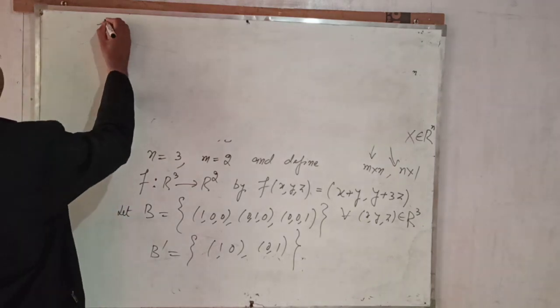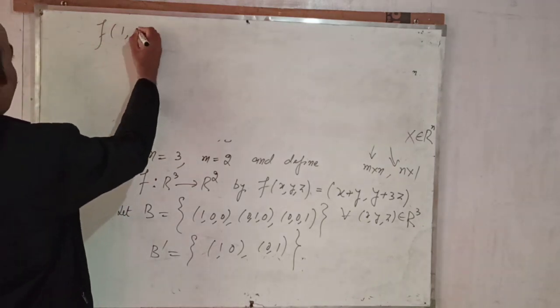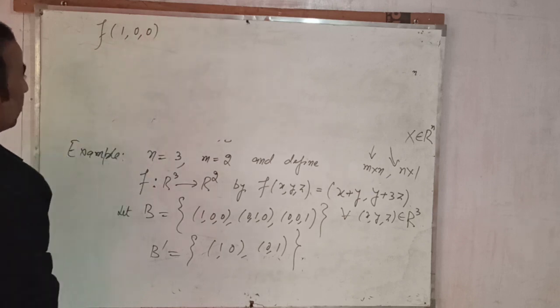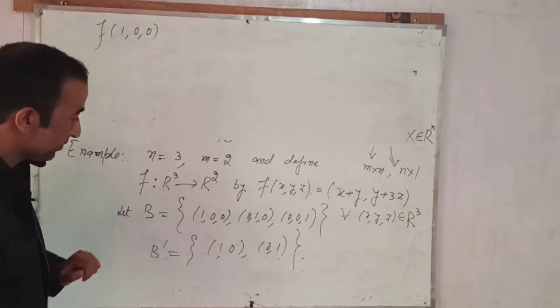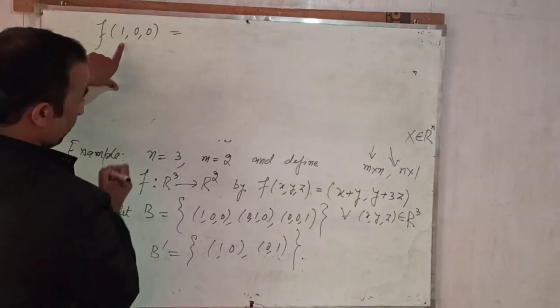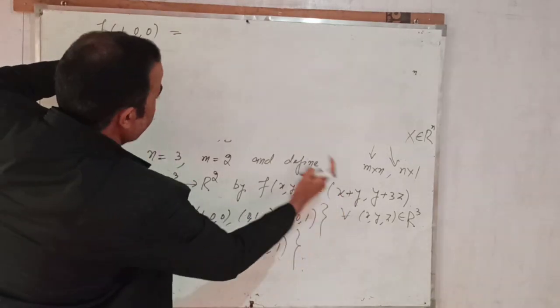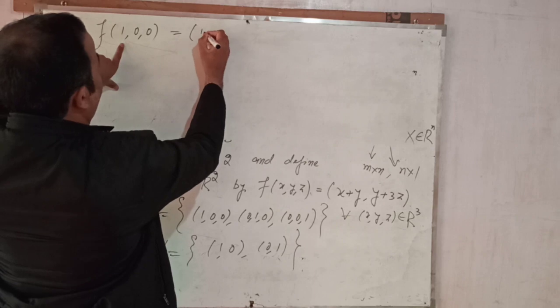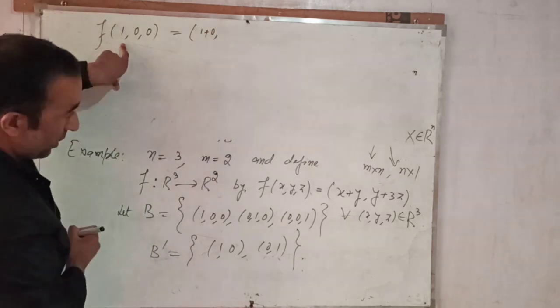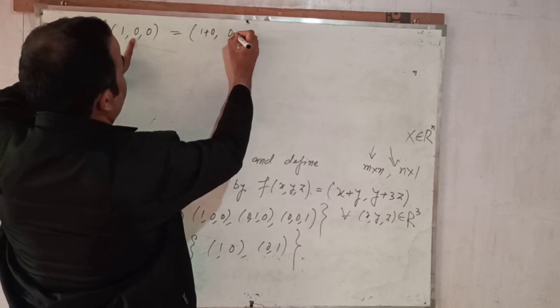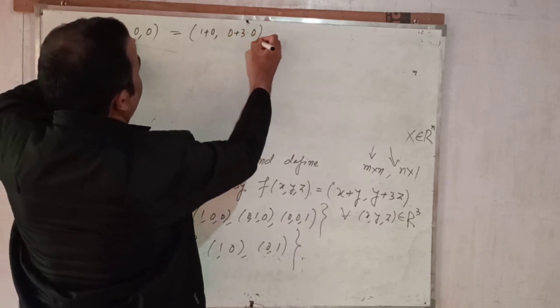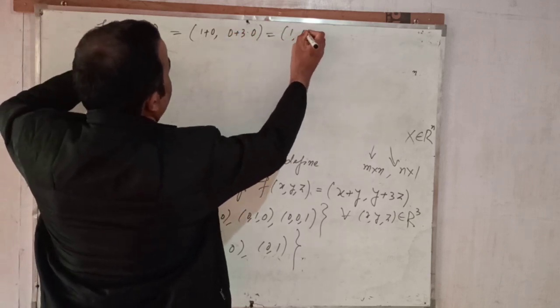For instance, when we calculate f of (1, 0, 0), the first basis element, by definition of f, it is x plus y, so I have 1 plus 0, then y plus 3z, so I have 0 plus 3 into 0, that means (1, 0).